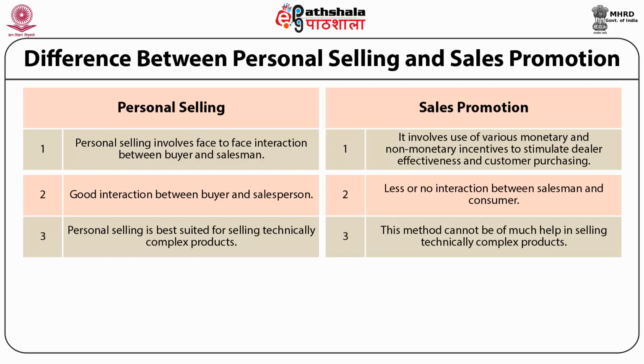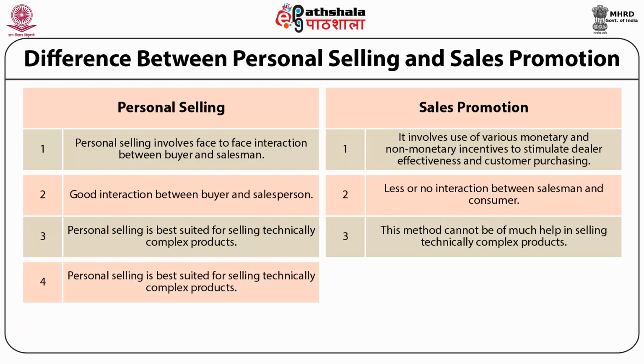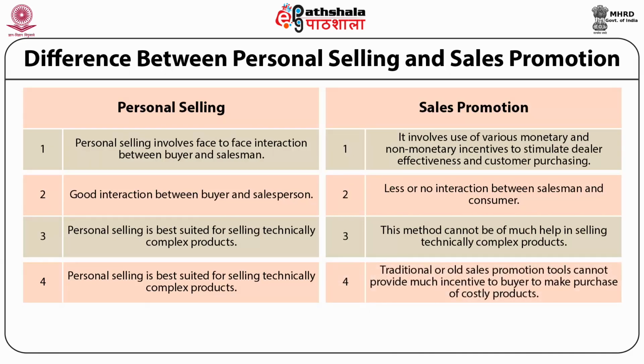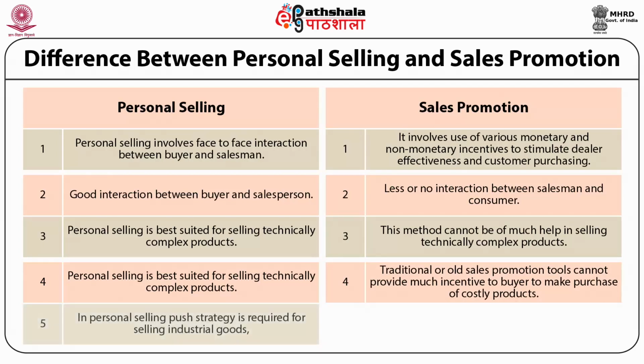In case of personal selling, salesman can easily win the confidence of buyer and he can close a sale. But as far as sales promotion is concerned, traditional or old sales promotion tools cannot provide much incentive to buyer to make purchase of costly products specifically. In personal selling, push strategy is required for selling industrial goods.